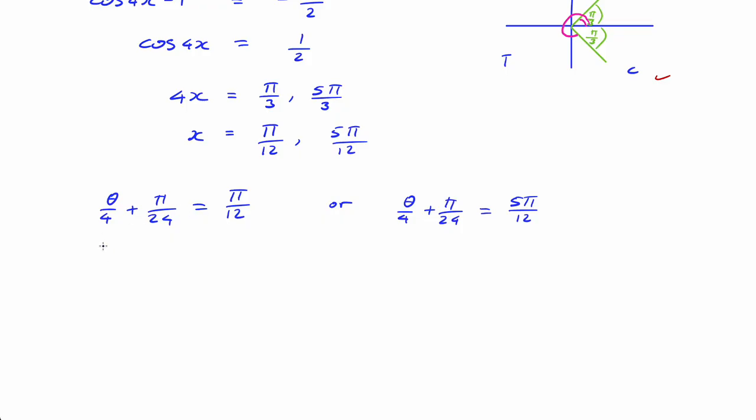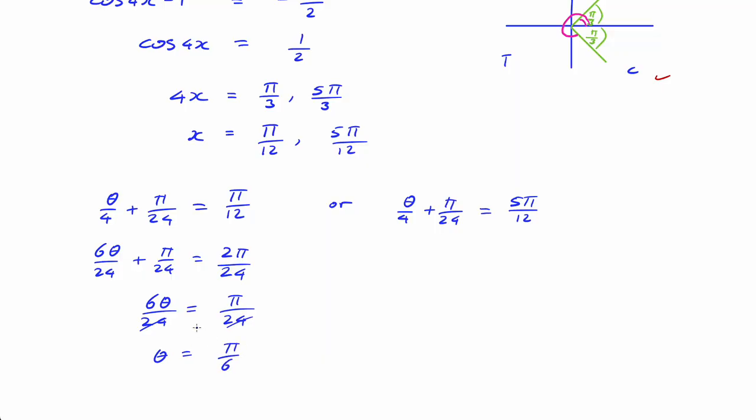So that's going to be 6 theta over 24 plus 1 pi over 24 equals 2 pi over 24. And then I'm going to subtract 1 here. So 6 theta over 24 equals 2 pi minus 1 pi, which is pi over 24. These 24s cancel, and I'm left with theta equals pi over 6.